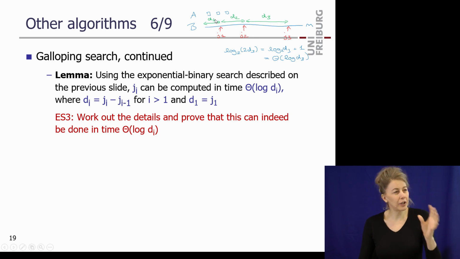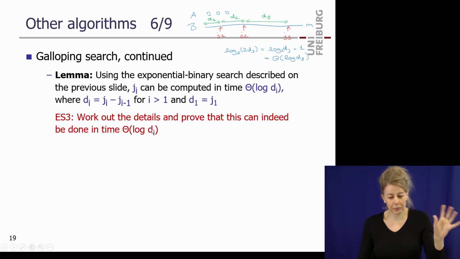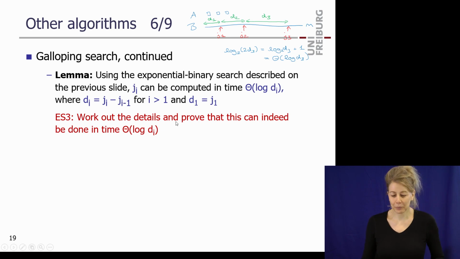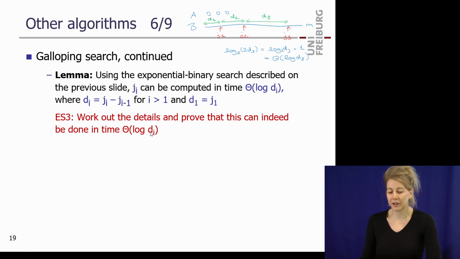So these are actual numbers determined by your input, but you don't know them. This will be a topic on the next slide: your running time depends on some numbers which depend on the input, but you don't know what they are. Still, you can say the running time is log of some number. You don't know what it is, but it's a well-defined number. So that's a reasonable question. But we will see you can say something about this D1, D2, D3.